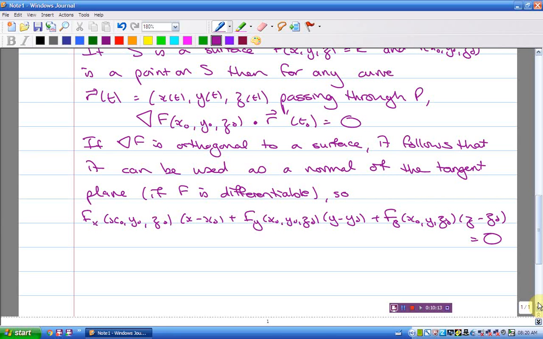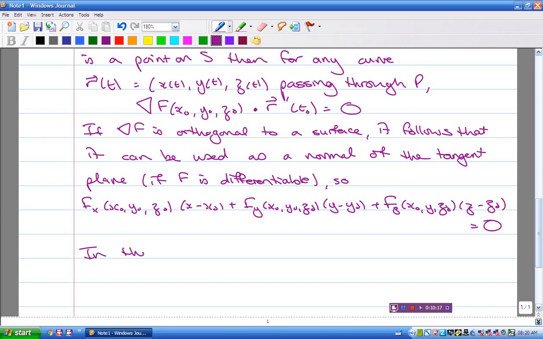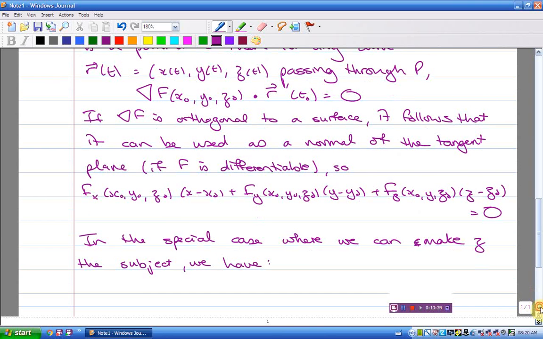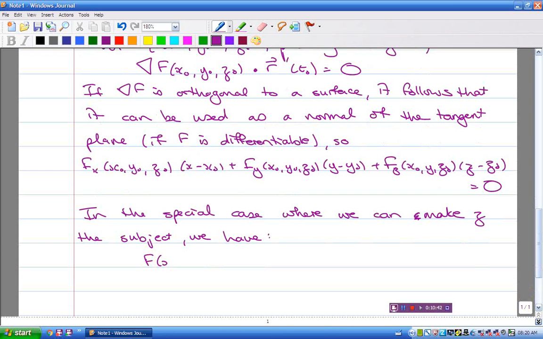So in the special case where we can make z the subject, it must be possible to take this function of x, y, and z and to actually write it as a function just of x, y.